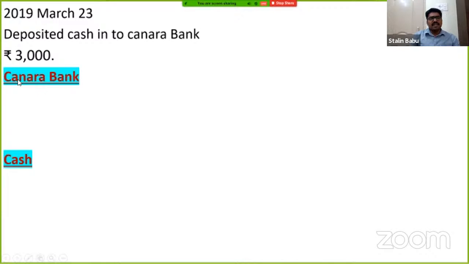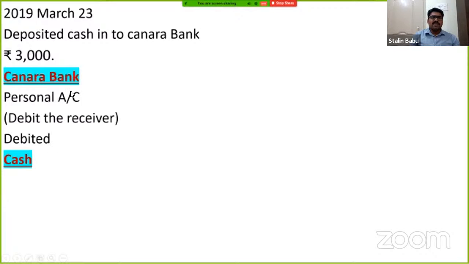Canara Bank is a personal account, an artificial person. Cash is a real account. What is the principle of personal account? Debit the receiver, credit the giver. Who is the receiver of this cash? Canara Bank. So, Canara Bank account should be debited.